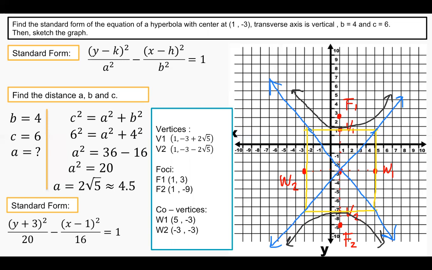The focus 1 is located at (1, 3). Focus 2 is located at (1, -9). The co-vertex 1 is located at (5, -3). And the co-vertex 2 is located at (-3, -3). So these are the basic parts of the given hyperbola. This is our desired standard form, and this is the sketch of the graph of the given hyperbola.